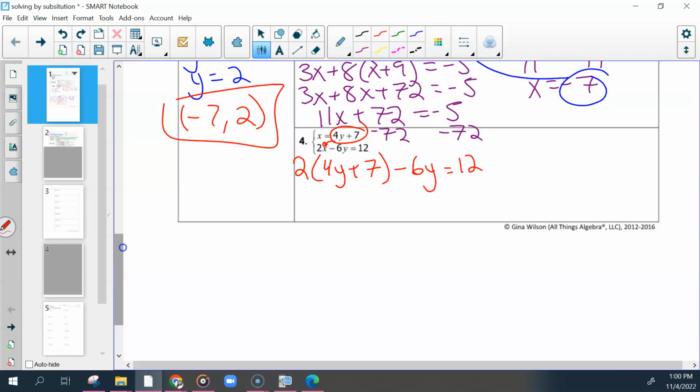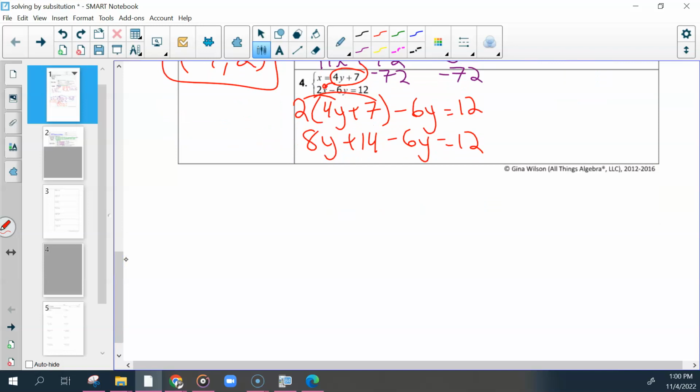You'll know if you did this incorrectly because you'll have 2 variables still. You should only have 1 once you've substituted. And then we can start to solve. Distribute. Start solving for y by combining your like terms.